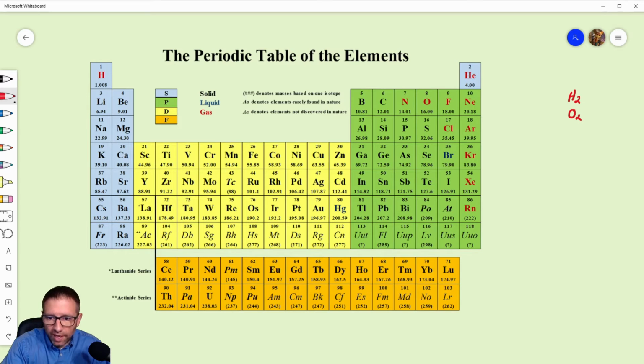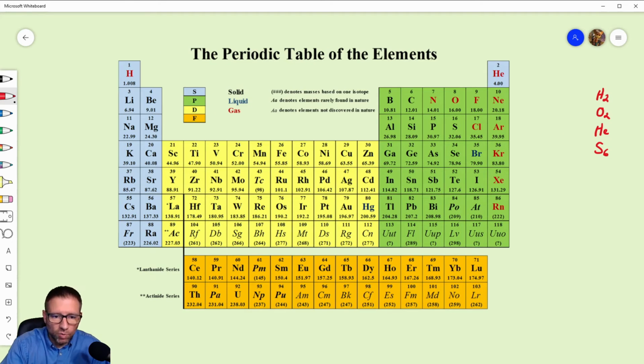Of course, single atoms like helium would also have an oxidation number of 0. Even things like S6, since it's all sulfur, have an oxidation number of 0. Or even something like a cobalt metal that has lots of atoms that are metallically bonded together has an oxidation number of 0. So that's the basic rule that you'll start with.